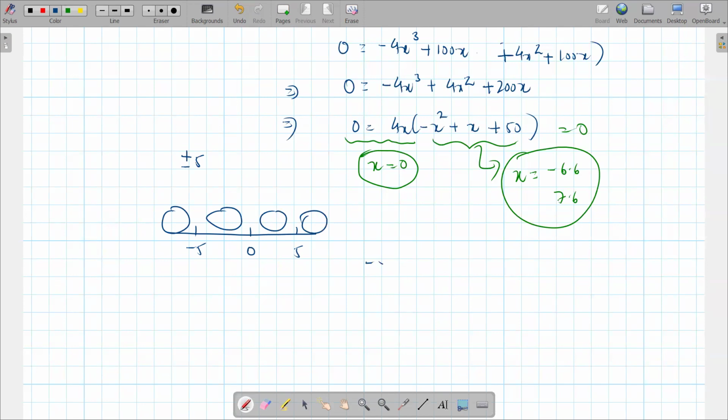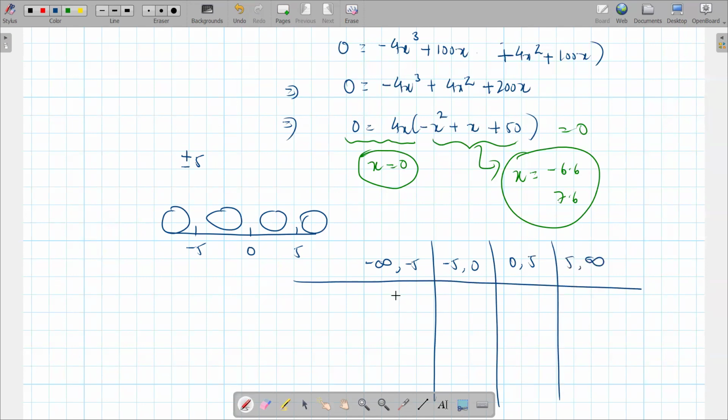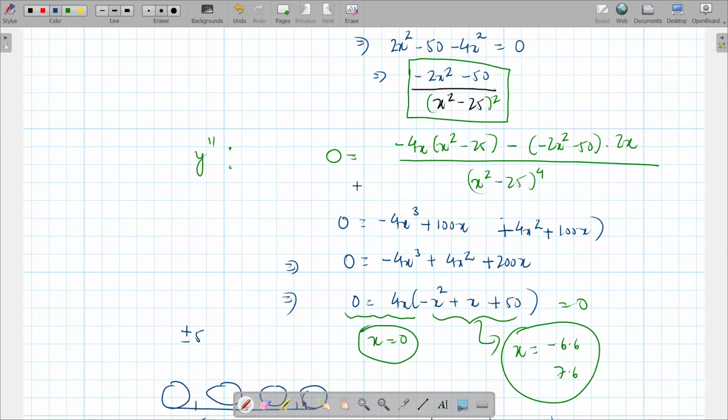So I would go from -∞ to -5, -5 to 0, 0 to +5, 5 to +∞. And this was a point of inflection, so we would be checking this on f double prime. So this guy.